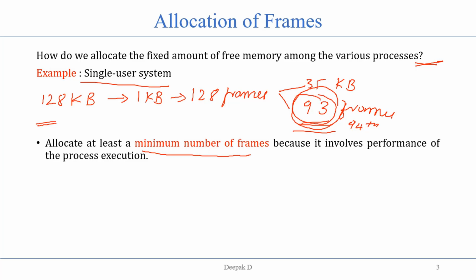The minimum number of frames per process is defined by the architecture of your system. The maximum number is defined by the amount of available physical memory. These are the basic points about the minimum number of frames.